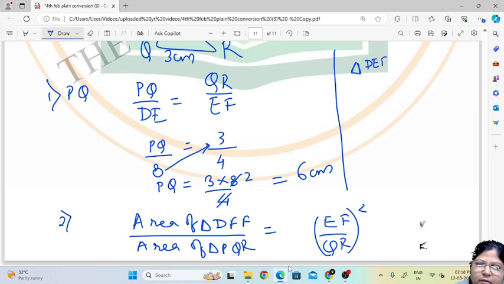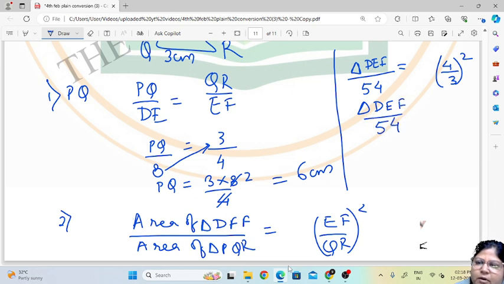Triangle DEF, PQR is given to us, that is 54, and then EF is 4 upon QR is 3, whole square. So triangle DEF upon 54 equals 16 upon 9.